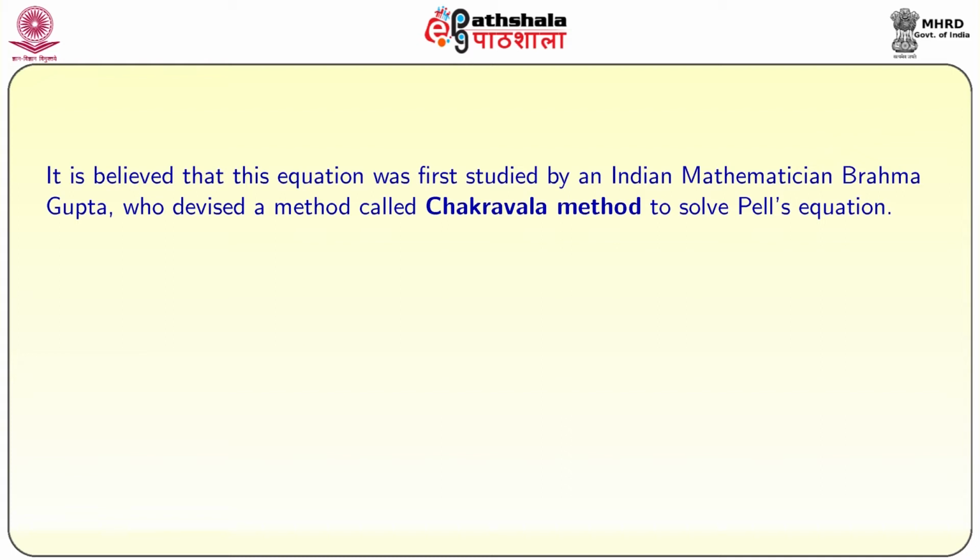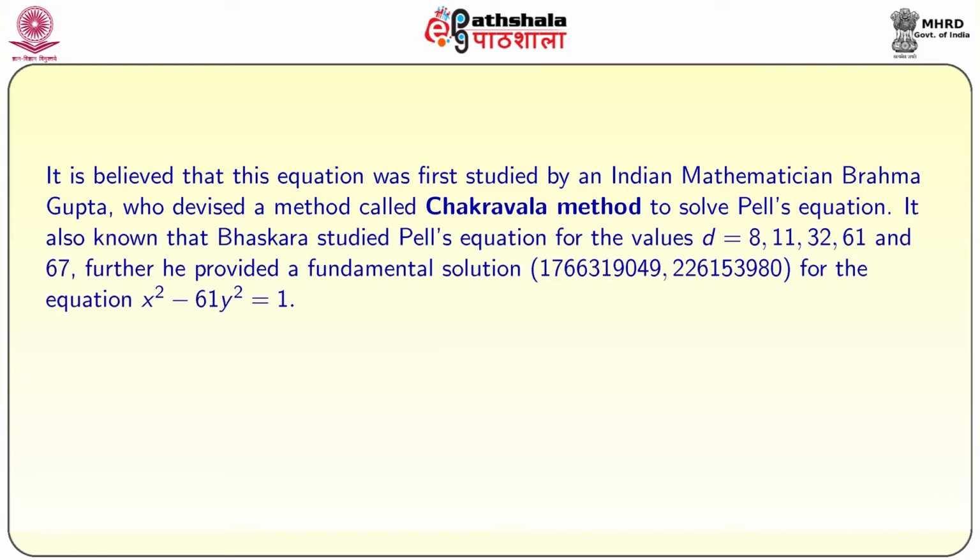It is believed that this equation was first studied by the Indian mathematician Brahmagupta, who devised a method called the Chakravala method to solve Pell's equation. It is also known that Bhaskara studied Pell's equation for the values d equal to 8, 11, 32, 61 and 67.